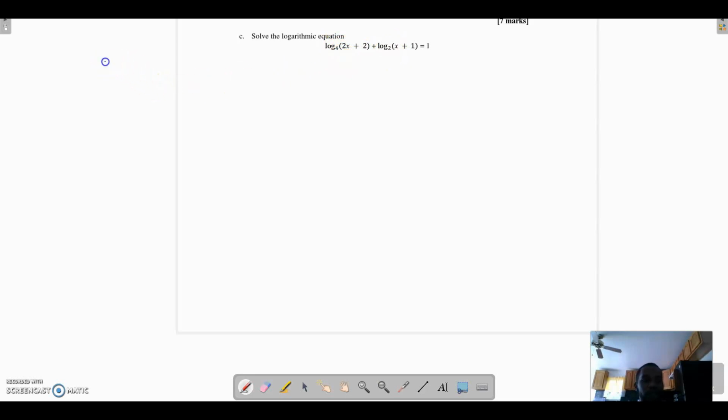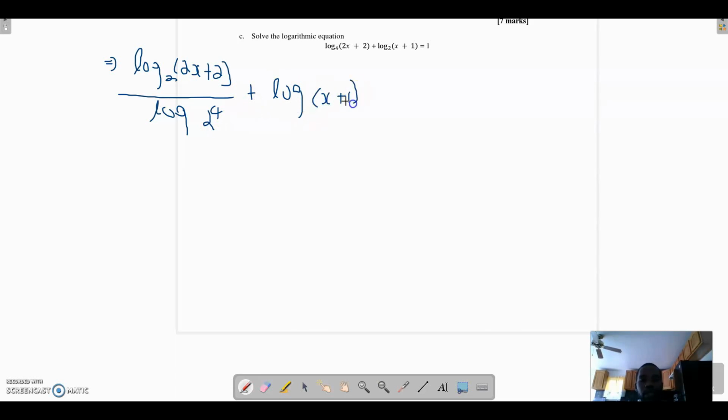Now, we have different rules, but I'm going to use my change of base rule to change this from base 4 to base 2. So I'm going to have log of 2x plus 2 base 2 over log of 4 base 2 plus log of x plus 1 base 2 is equal to 1.